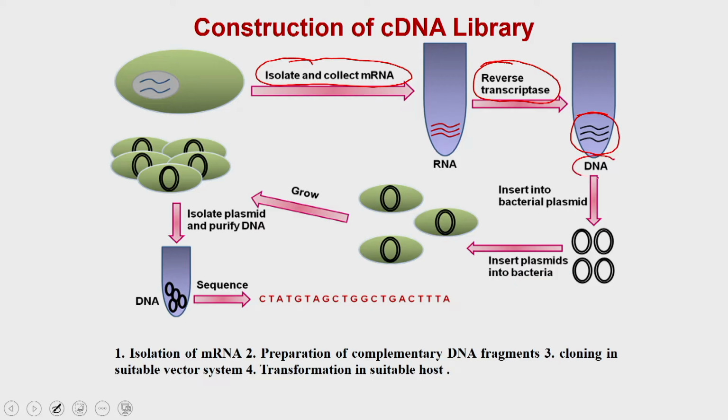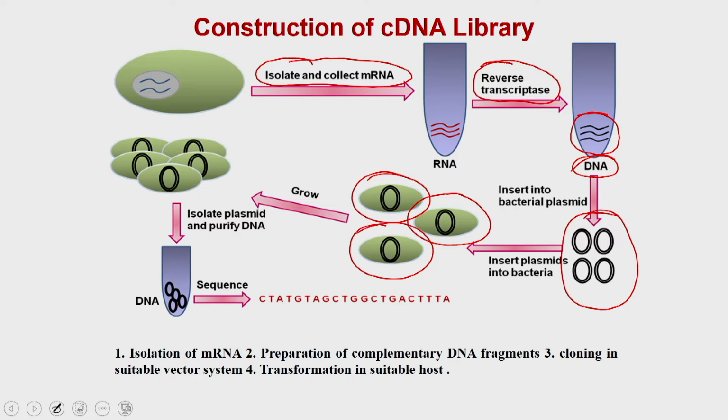Then you clone this cDNA into a plasmid and do a transformation so that it is taken up by the bacterial cell, and that is how you get the cDNA library. So, these are the steps: isolation of messenger RNA, preparation of complementary DNA fragments, cloning into a suitable vector, and then transformation into a suitable host.